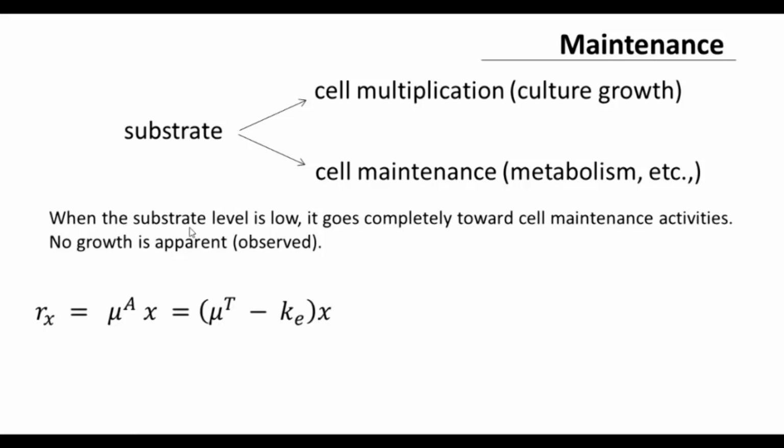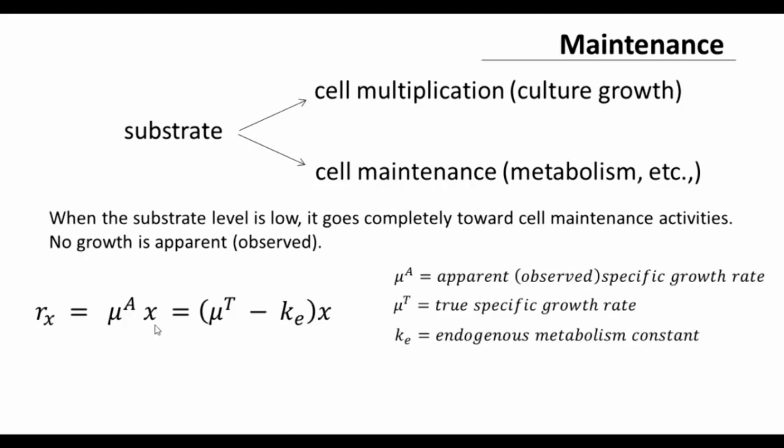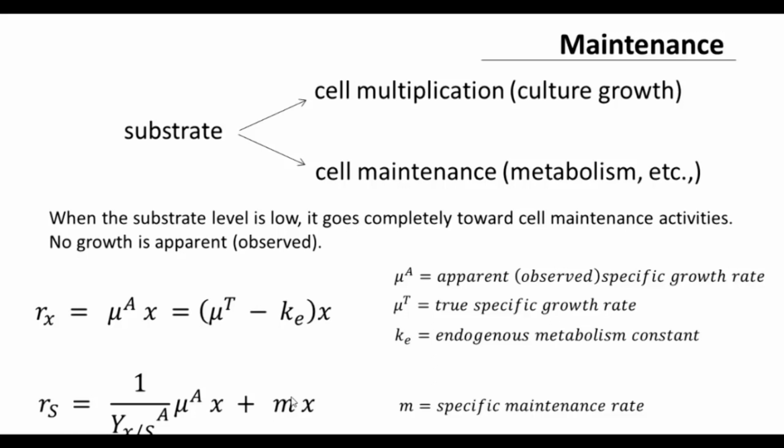That is represented by the apparent growth rate and the true growth rate, and an endogenous metabolism constant, Ke: mu t minus Ke equals mu a. And also the rate of substrate consumption can be written in terms of the apparent specific growth rate and a specific maintenance rate. Okay. I think that is good enough for lecture number 4.